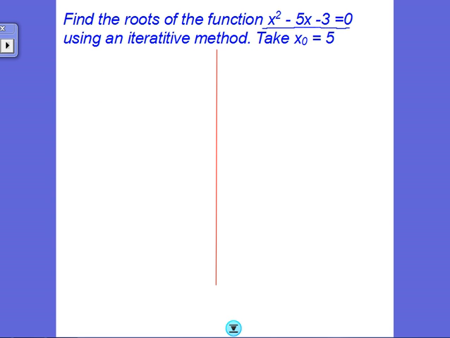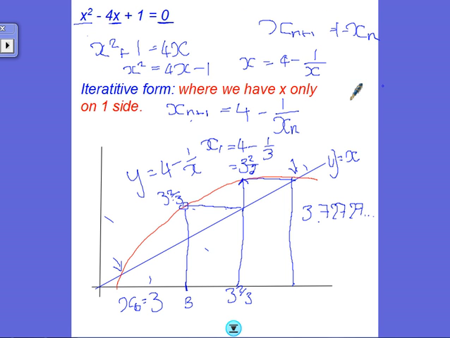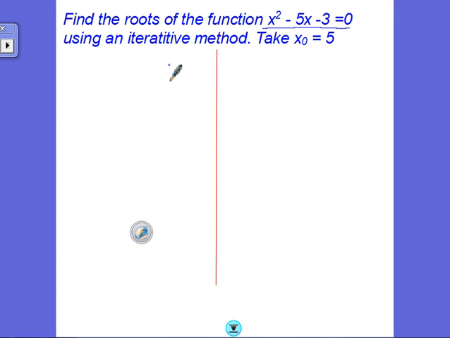So in the same way that on this previous graph here we had two different places that this would cross, rearranging this in two different ways would produce those 2 points. So when we rearranged with an x squared, we were heading for this one, but if we rearranged so that we got a square root or something, we might have been heading for this second one down here. So in this case, we could rearrange this in two different ways and take you through it.